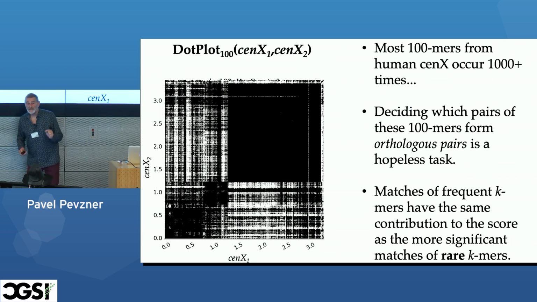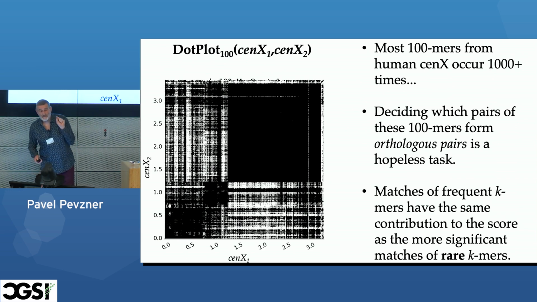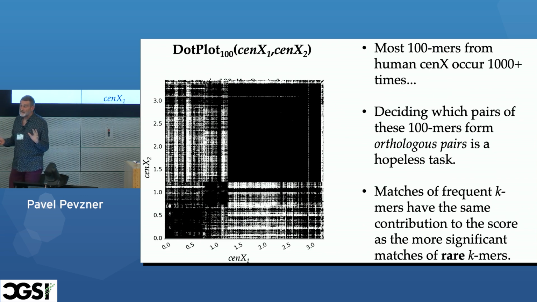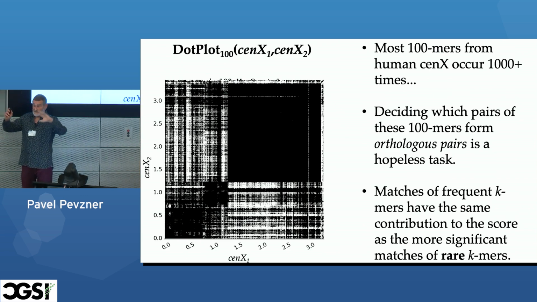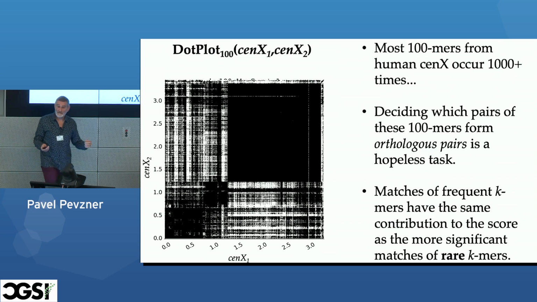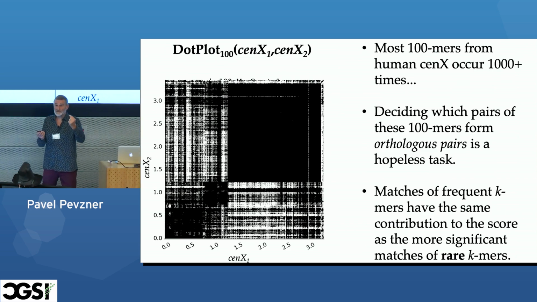The problem with alignment is that matches of frequent k-mers have the same contribution to the alignment score as the matches of rare or unique k-mers, which are much more likely to be orthologous, because it's unlikely that unique k-mers just appear from thin air. If they are unique and appear in two genomes, most likely they appeared in the ancestor somewhere.